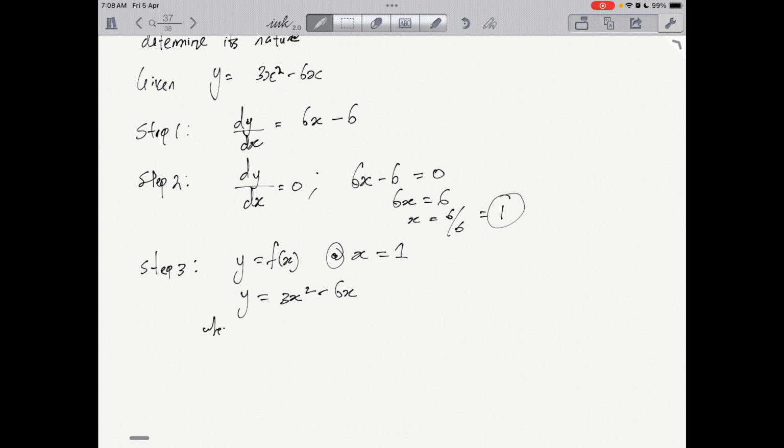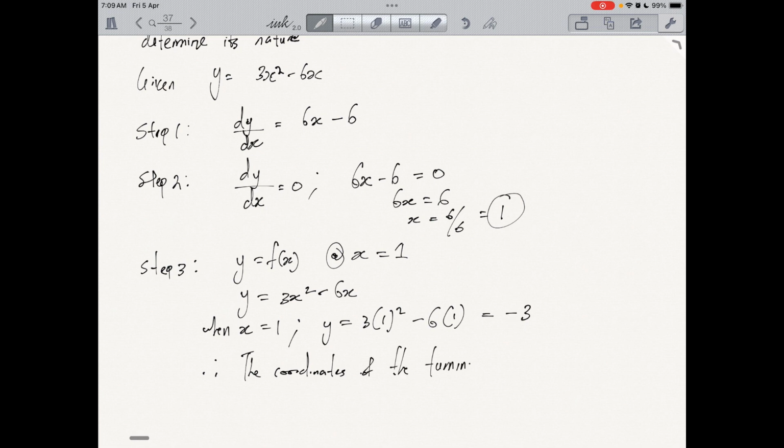Therefore, when x equals 1, then y equals 3 times 1 squared minus 6 times 1. And this will give us minus 3. Since the coordinates are written in terms of x, y, therefore, the coordinates of the turning point are 1, minus 3.